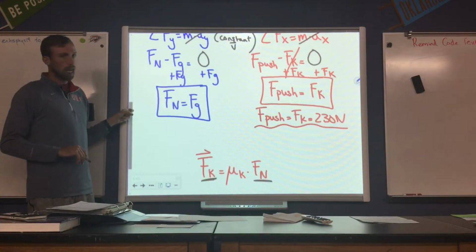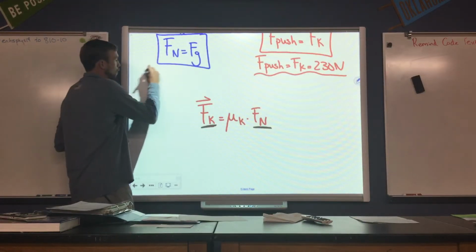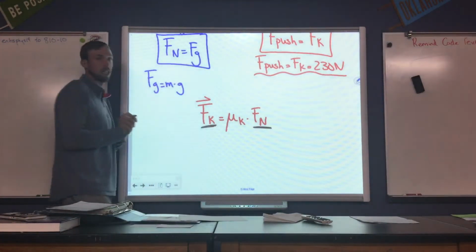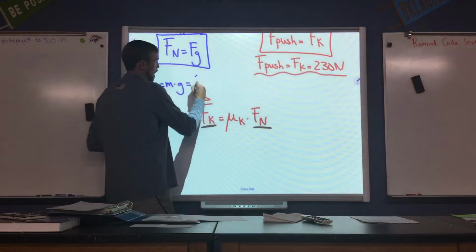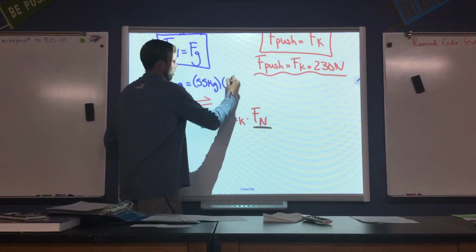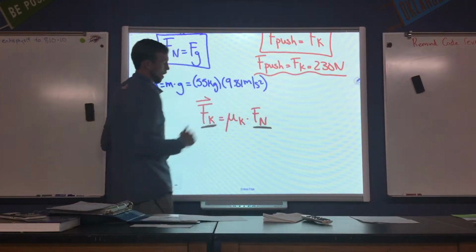the y direction. Again, we cannot always assume those will be equal. We have an equation for force of gravity, that is the mass of our object multiplied by acceleration due to gravity. We can assume we're on the Earth here. Our mass, I believe the problem told us was 55 kilograms, and g for the Earth, 9.81 meters per second squared.